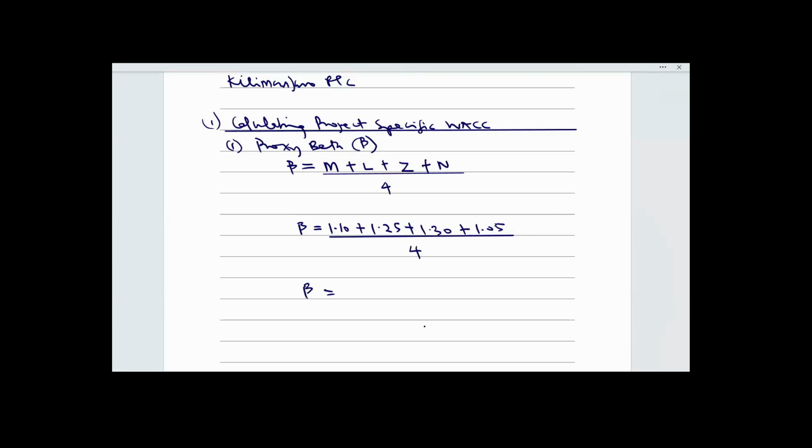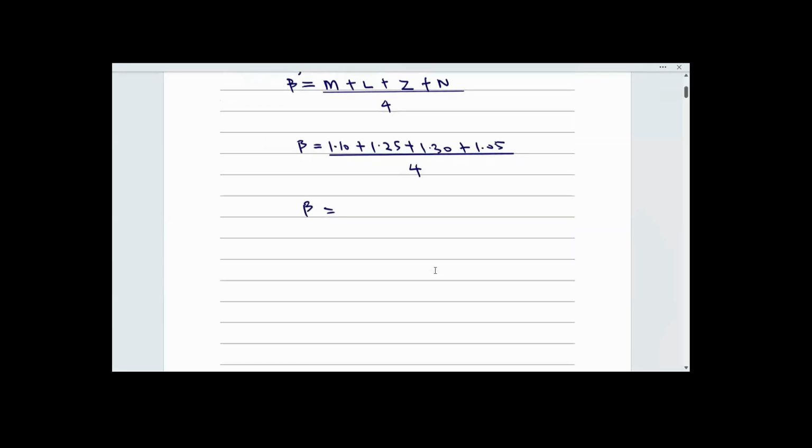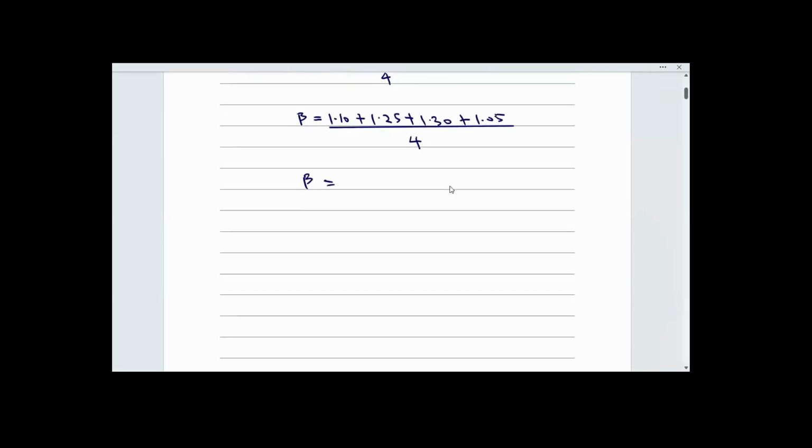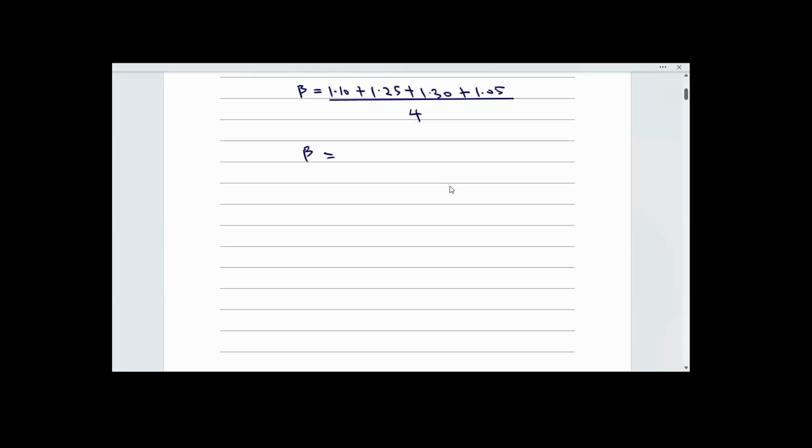So I add everything together, divided by 4. What do you have? 1.175.